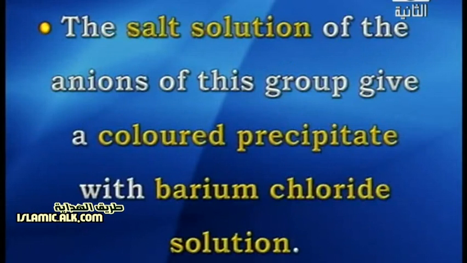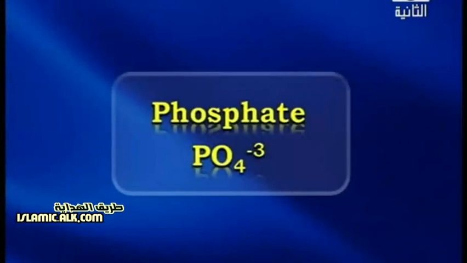Now, my dear students, the salt solutions of these anions of that group, which are phosphate and sulfate, give a colored precipitate with barium chloride solution. So we are going to discuss these reactions. First, we are going to discuss the phosphate anion, PO4 3-, as shown on the screen.